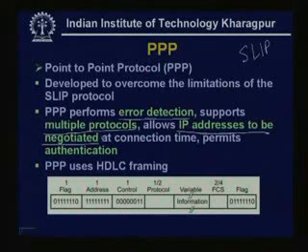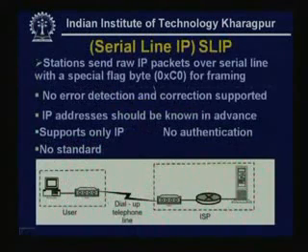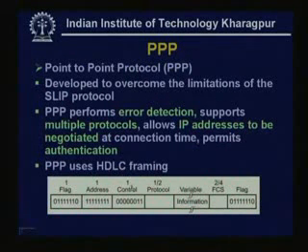So, it means the IP addresses need not be known beforehand, and it permits authentication. So, it makes it reliable compared to SLIP, and this PPP protocol uses HDLC framing, and as we have seen in the previous case, it does bit stuffing whenever 0xC0 appears in the IP packet. Similarly, here also bit stuffing can be done whenever the flag bit appears in the data field.